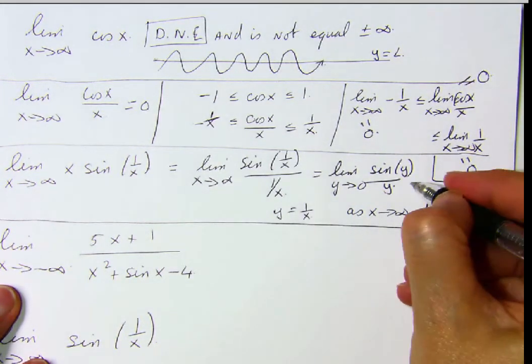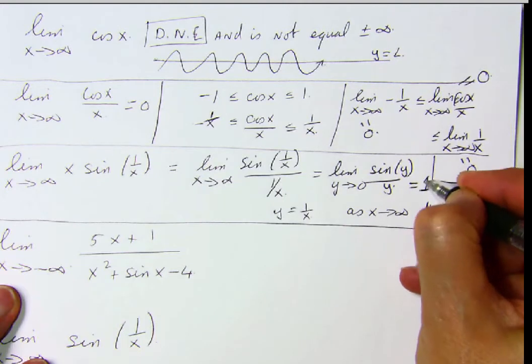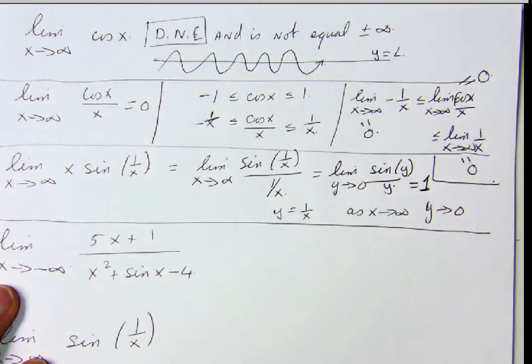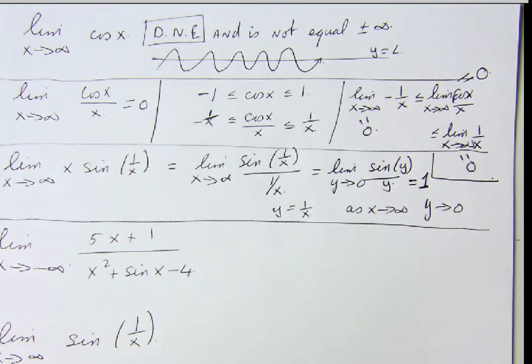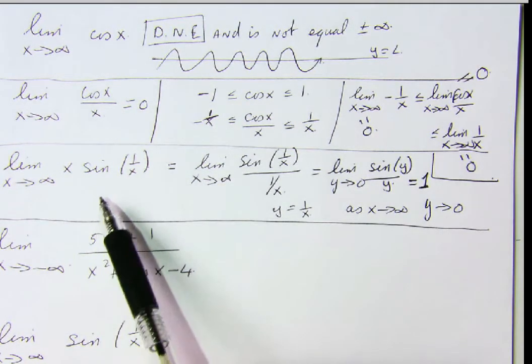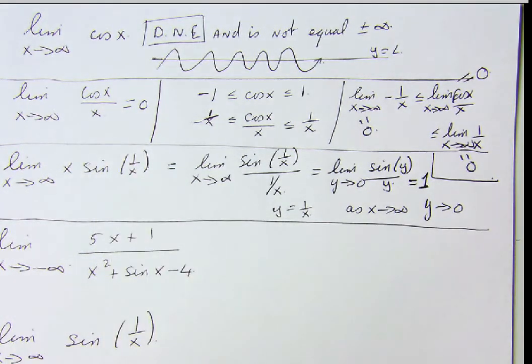And of course we know that this limit is 1. So we must be very careful with these limits. A lot of these functions look the same, but they behave very differently as x approaches infinity.